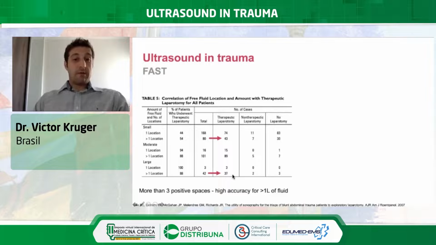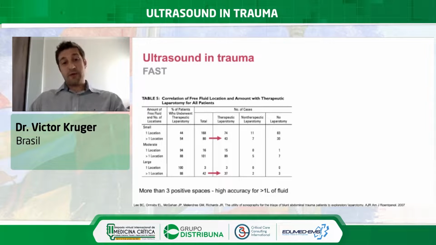When you talk about the spaces in the abdominal cavity, when you have more than one location with a large amount of fluid, we have a high accuracy for abdominal trauma and blood in this cavity. More than 3 positive spots have a high accuracy for more than 1 liter of fluid.